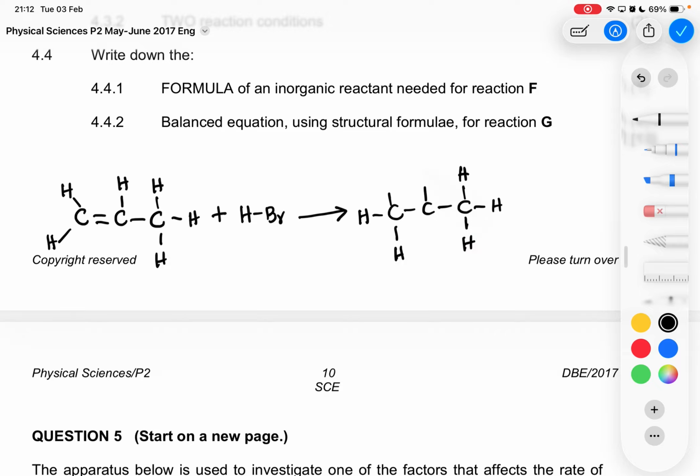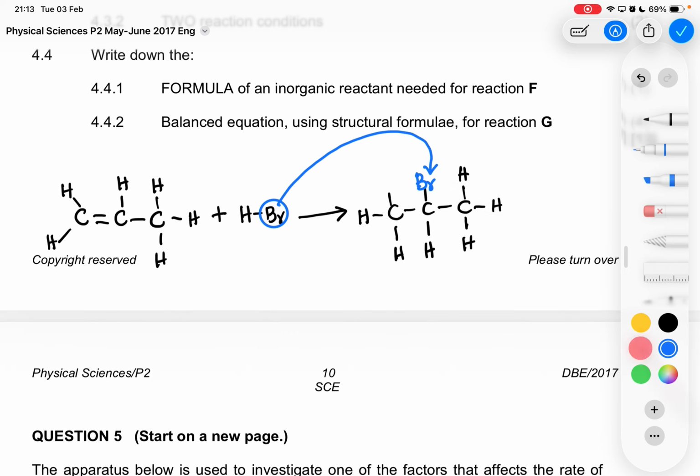So there you go. So this is what you're going to have. So the bromine will go where there are fewer hydrogens.